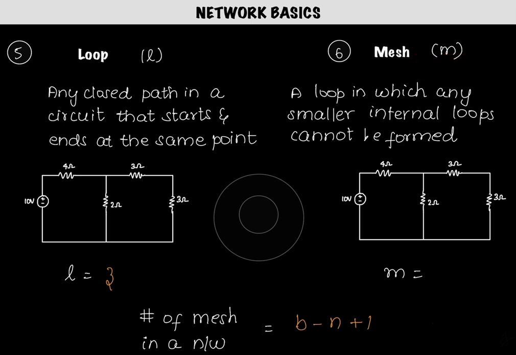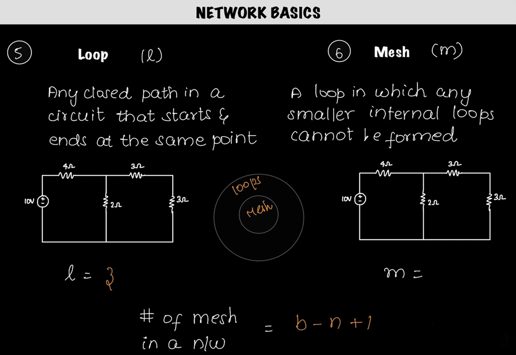All the unique loops in our design we term as meshes. This will be helpful for analysis. We'll look into this in our forthcoming sessions. From this, what I can tell is all meshes are loops, but all loops are not meshes. So this is intuitive and understandable.